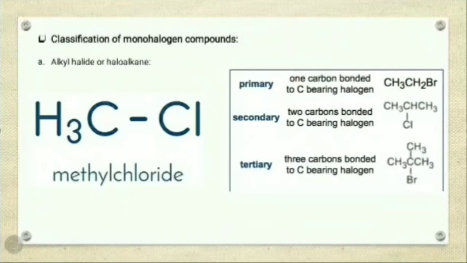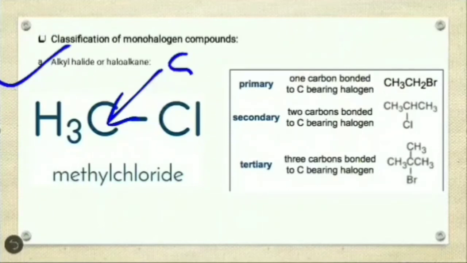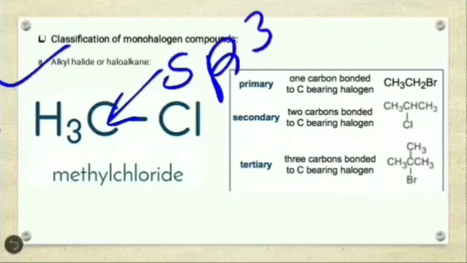First is alkyl halide or haloalkane. In alkyl halide or haloalkane, the halogen atom is bonded to the sp3 hybridized carbon, which is a part of a saturated carbon skeleton. Alkyl halides may be primary, secondary or tertiary, depending upon the substitution state of the carbon to which the halogen is attached.